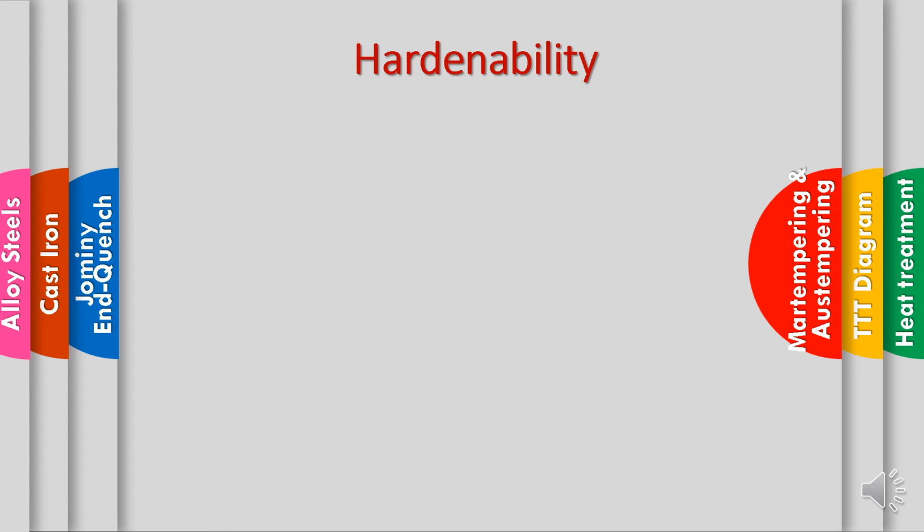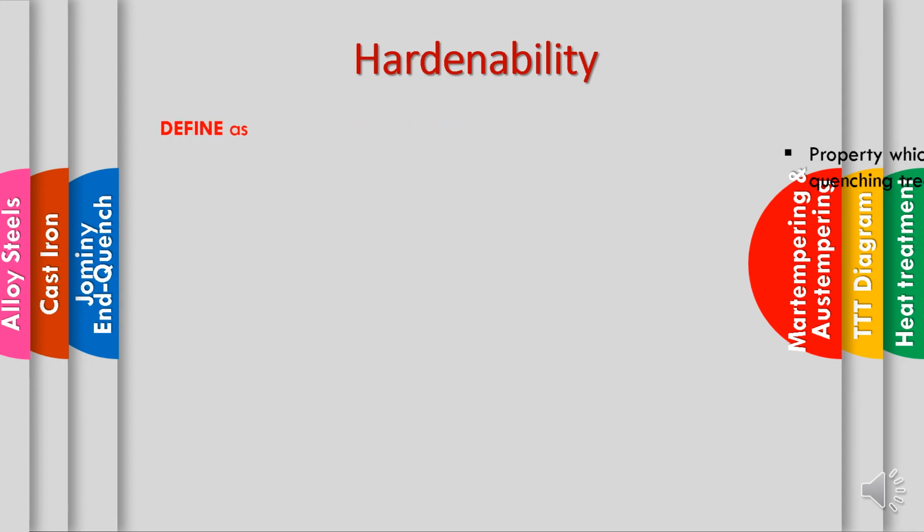So in this section, we will discuss the heat treatment process, the Jominy end quench process, along with this hardenability. Okay, and then we make some analysis on the different parameters involved in making a material harder.